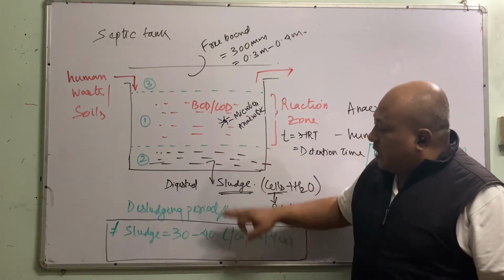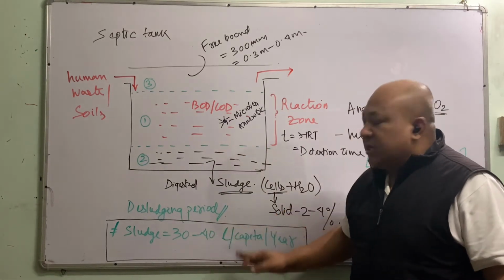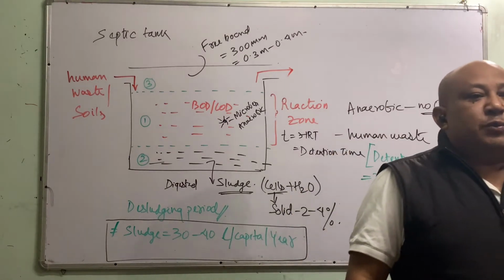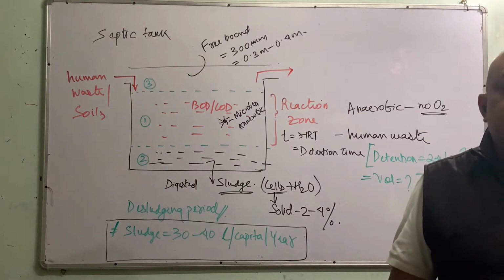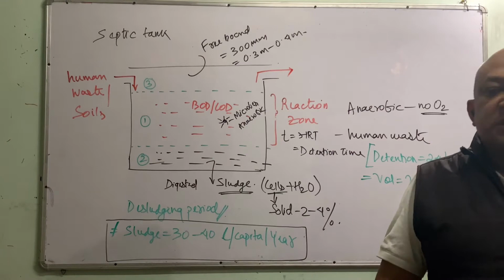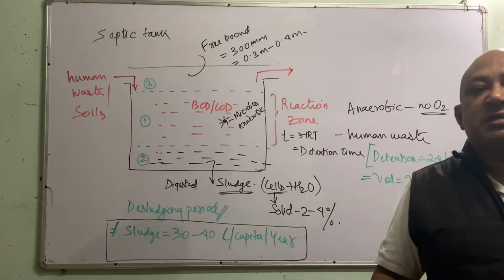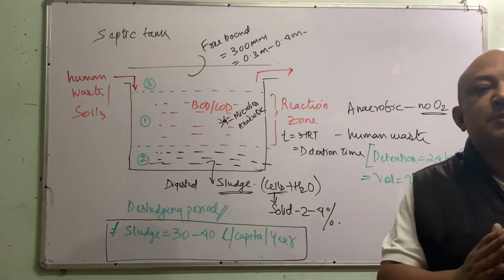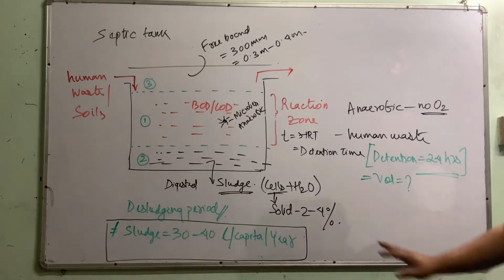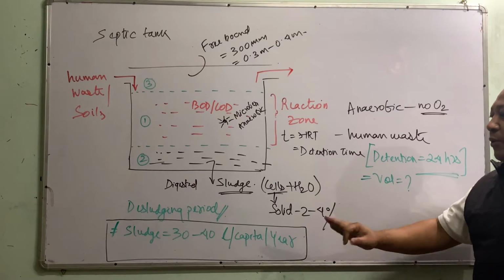This sludge part will be around 30 to 40 liters per human being per year. You may argue with me, sir, we don't go to the toilet in one particular place. Sometimes I go to my hostel, sometimes to hotels. That's correct, but during design, we cannot account for all these small issues. We are taking everything as an average. Based on this, we are going to calculate.